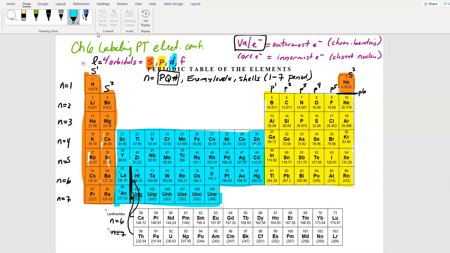If you were taught the exceptions to the rules, which are these two groups, that's great because it's going to be very important in college. Unfortunately, we are not going to discuss them because they're not tested on the AP test. So those two groups have some exceptions, but these are called the d blocks.